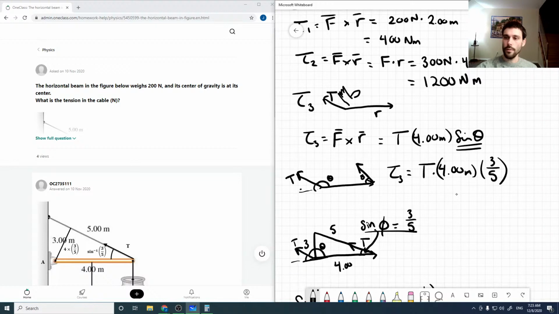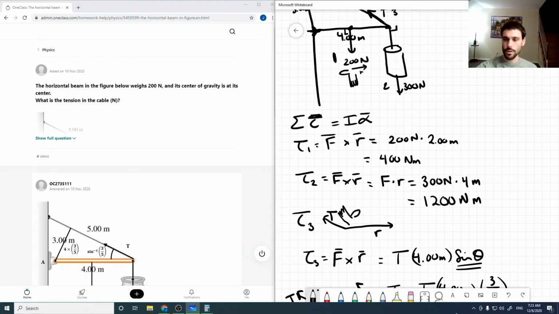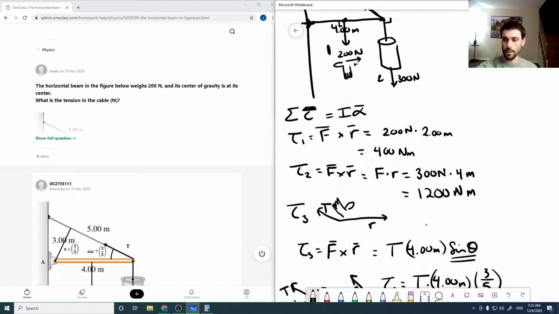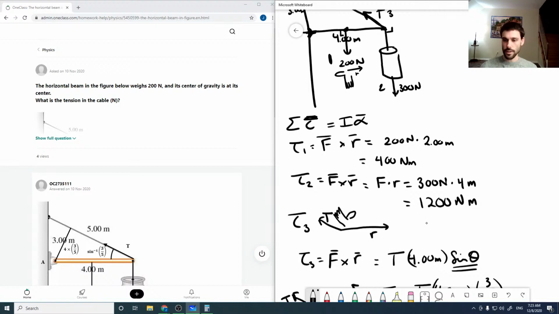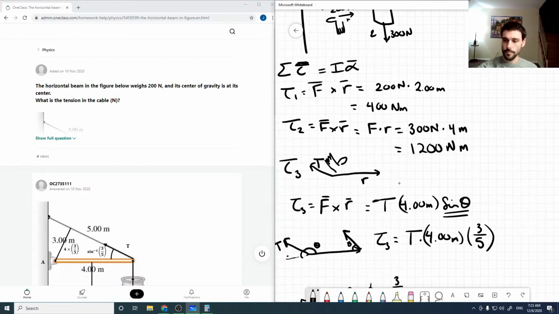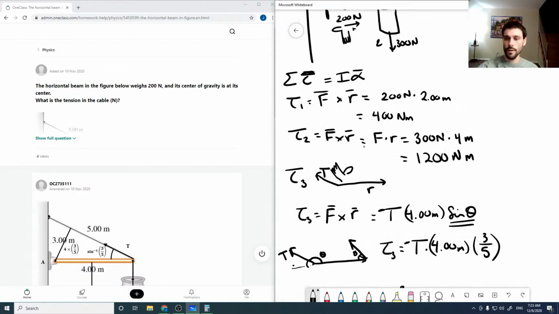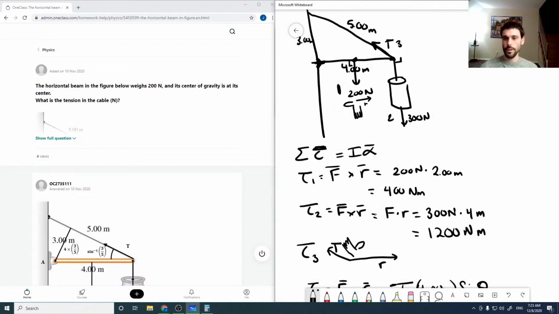And so now we're in a position to use the sum of our torques. As we said, this is actually a negative. We went through all that effort to get directionality, so that will be negative. And now the sum of our torques will equal I alpha, but nothing's moving, so that equals 0.